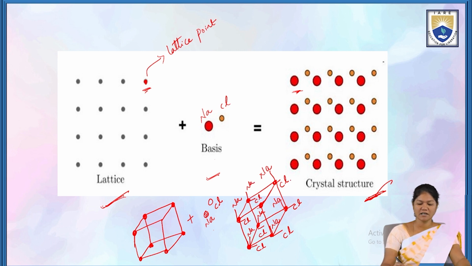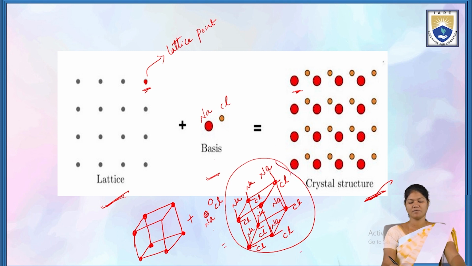Then the complete crystal structure of sodium chloride is formed. This is how the crystal structure is formed.